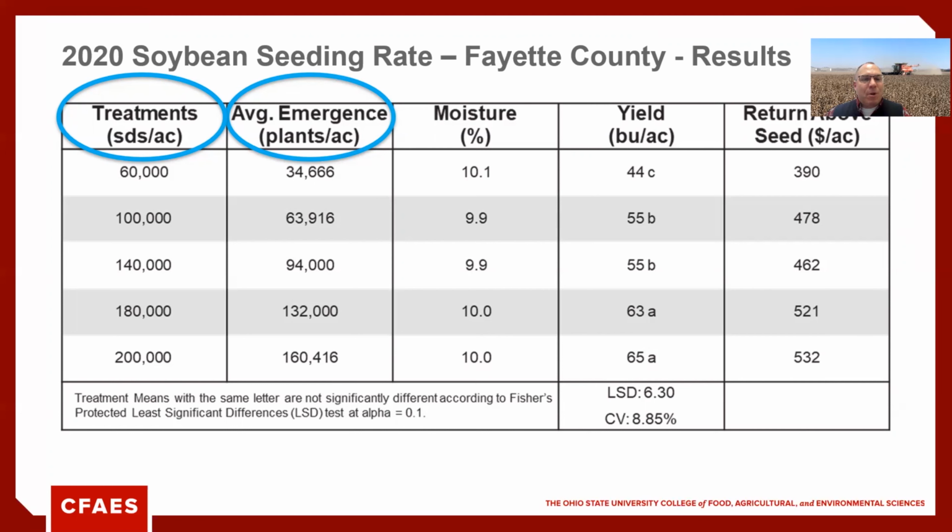All the way down the list, you can see quite a difference between what we thought we were planting and what actually emerged. The differences here were a very similar percentage, so I'm almost wondering if we didn't have a calibration issue in getting those seeds planted at the population that we desired.